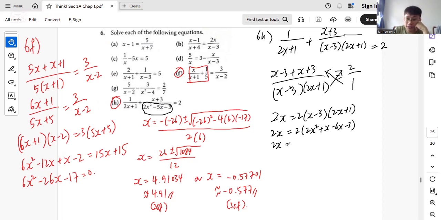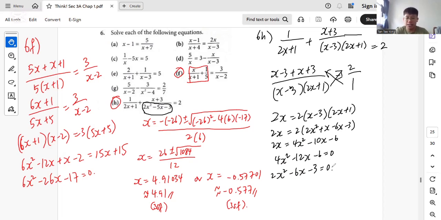So 2x equals 4x squared minus 10x minus 6. Wait a minute, let me check. Yeah, so 4x squared minus 12x minus 6 equals 0. So factorize out 2 and divide over. I will be left with 2x squared minus 6x minus 3 equals 0.